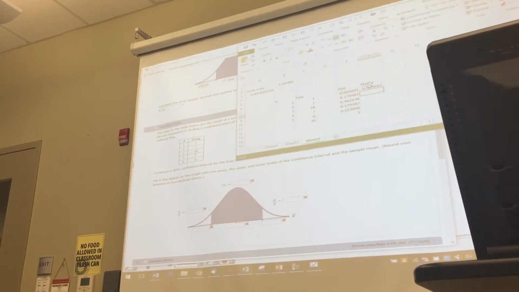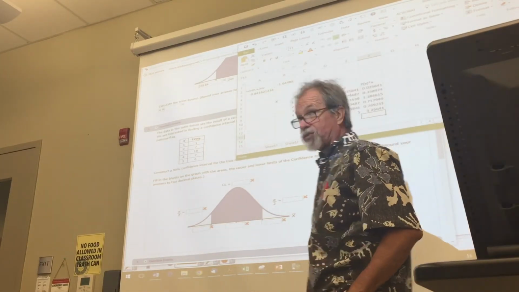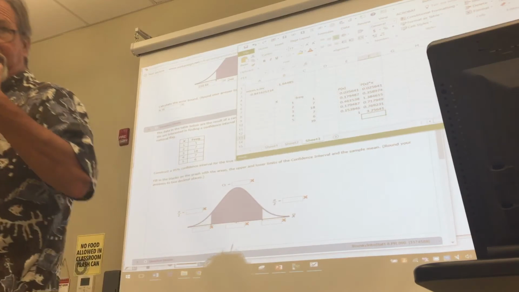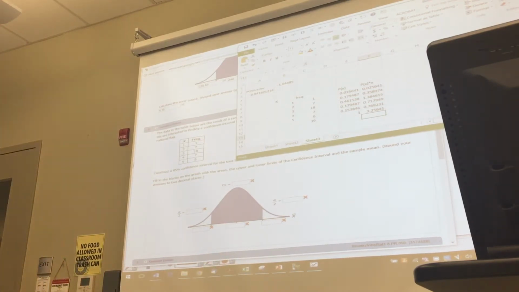Yes. And when I sum that column, I get 3.25641. So I'm going to say the mean number of colors of flags in the sample of 39 nations was 3.256 colors.